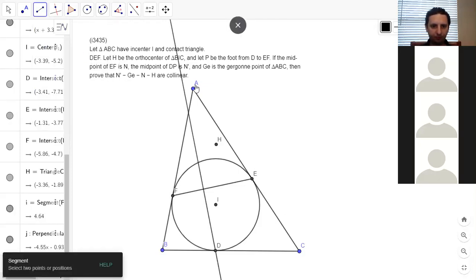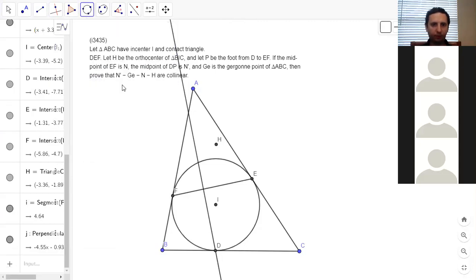So it's probably worth drawing a circumcircle of ABC and then drawing AI.